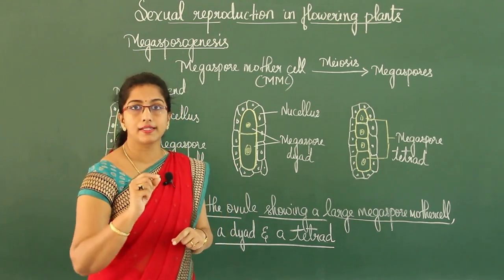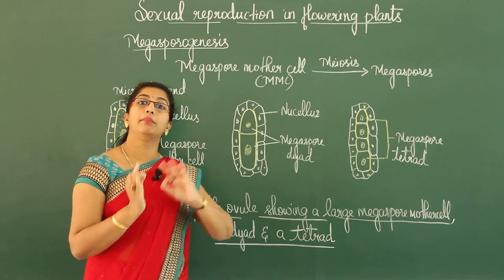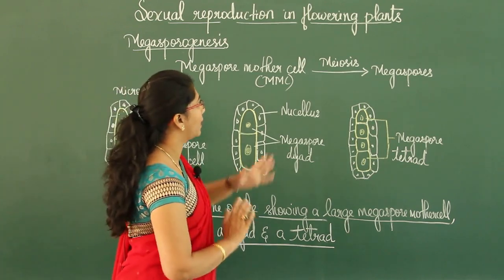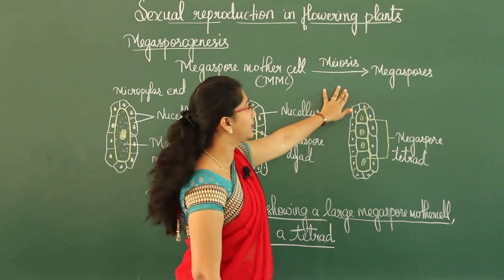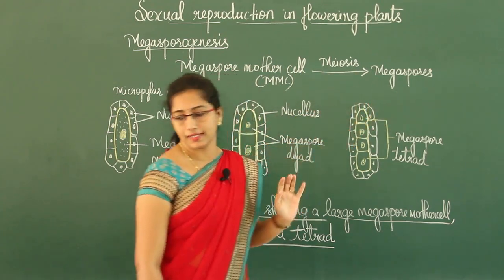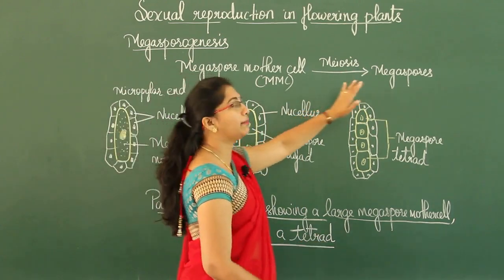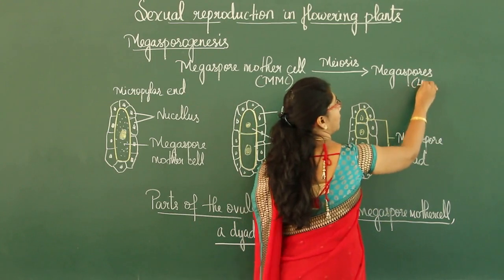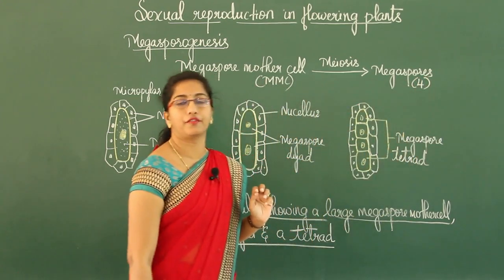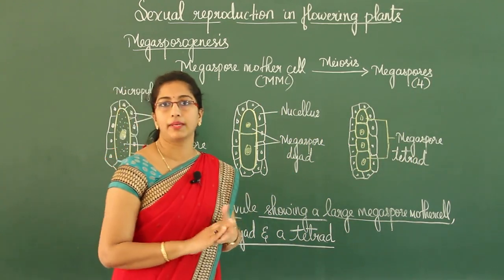Now this megaspore mother cell undergoes meiotic division and produces megaspores. When I say meiotic division, how many megaspores will be formed? You know that 4 megaspores will be formed. You know the difference between mitosis and meiosis, which I taught you last year.